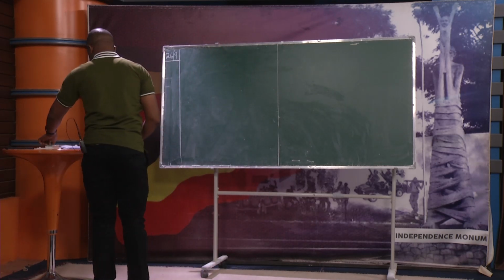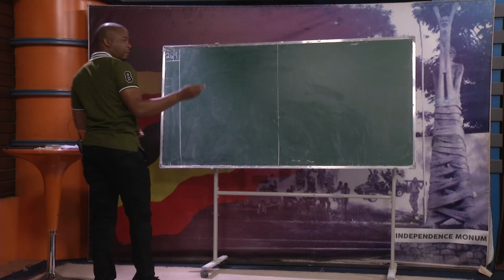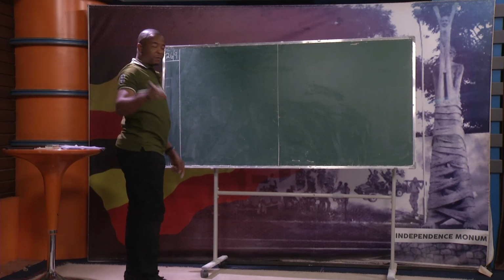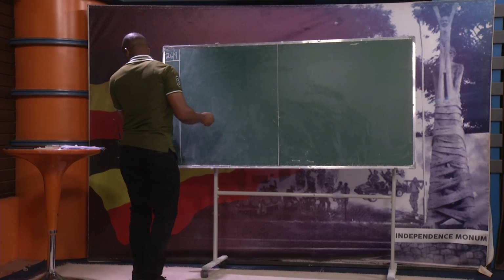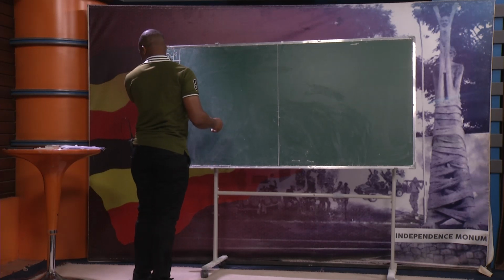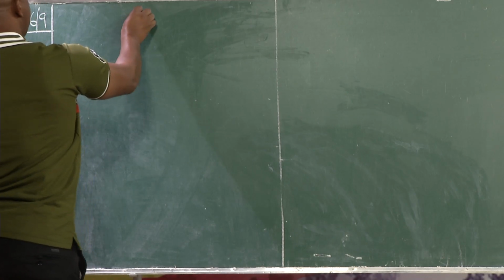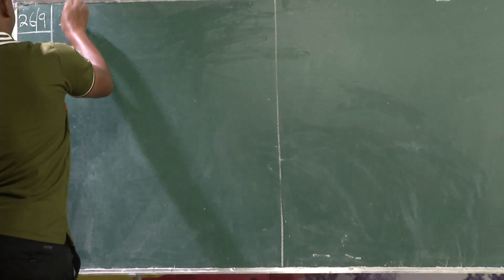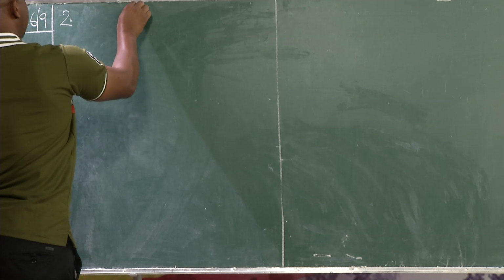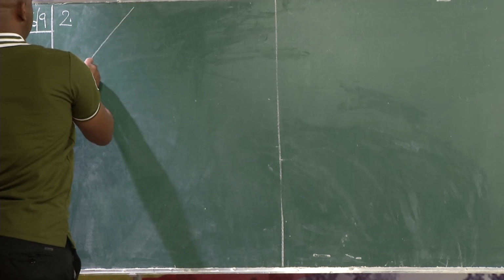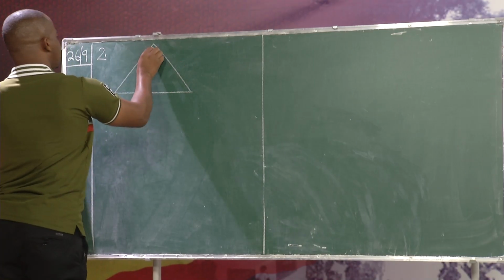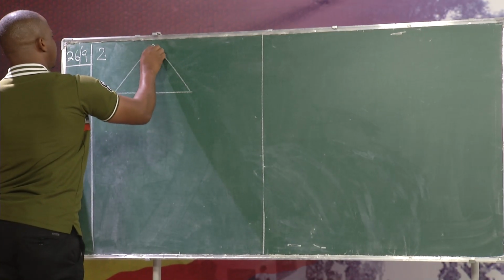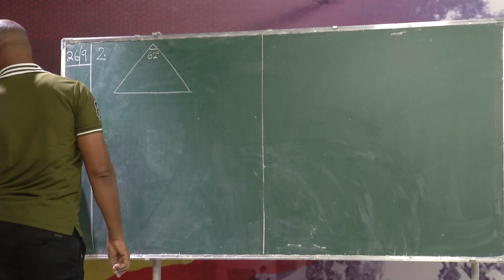Our next number was still on prism refraction. Remember, we are looking at prism refraction. And we had a question saying the refracting angle of a prism is 62 degrees. So we still have a prism, this time round, whose refracting angle is 62 degrees. This angle here is 62 degrees.